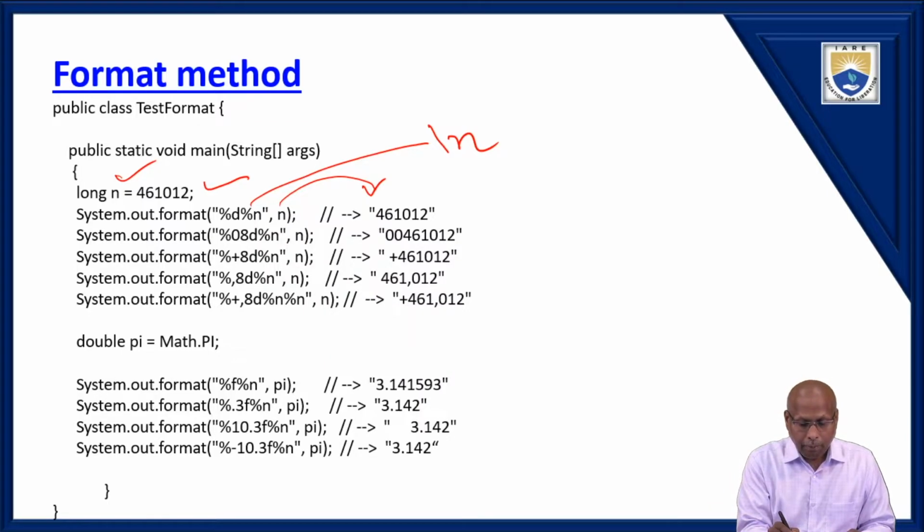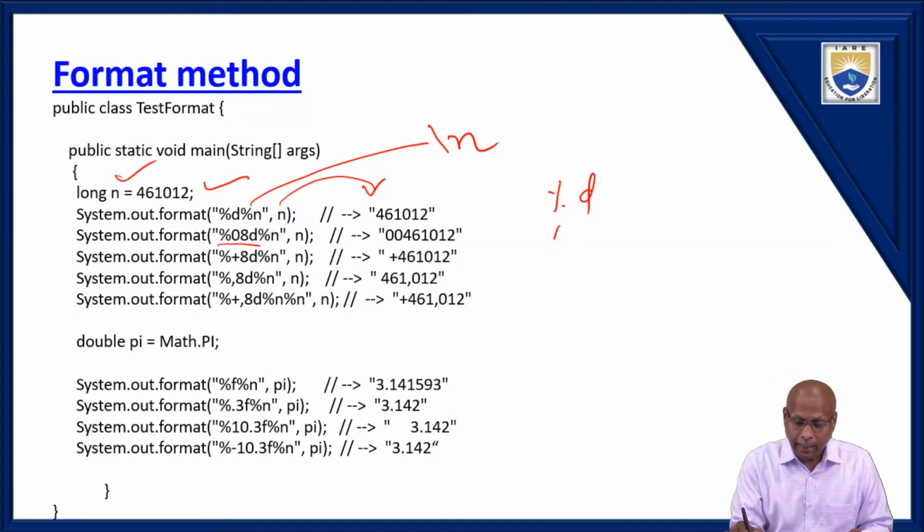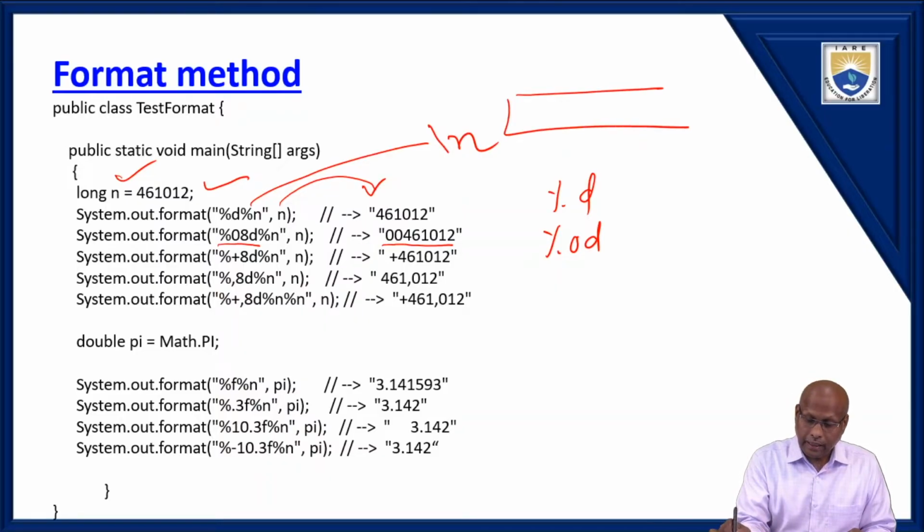Now %08d, %n. Here there is a speciality. %d is different and %08d is different. So when you say %08d, it will specify 8 digits, 1, 2, 3, 4, 5, 6, 7, 8.